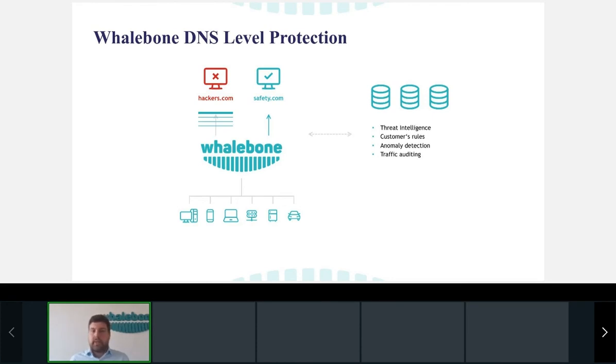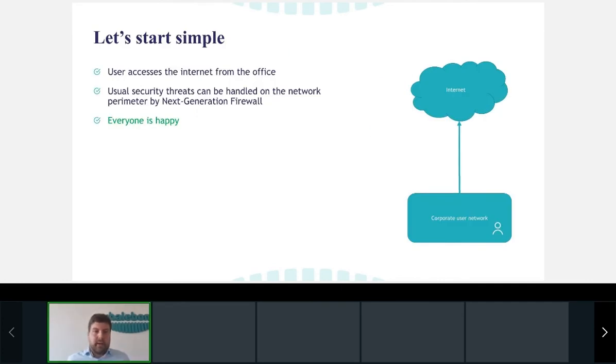But okay, I would like to take multiple steps back here and get to the idea that I would like to share. Let's start very simple. Most of you are quite familiar with corporate networks, enterprise networks, and how they can be secured to some extent.